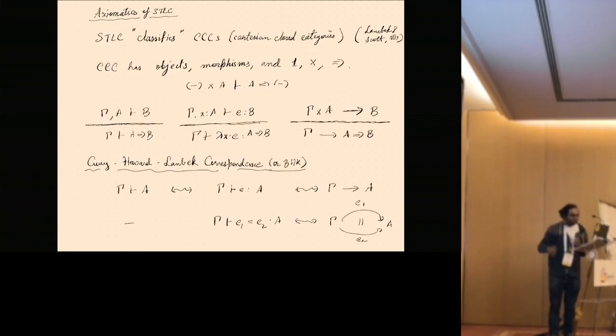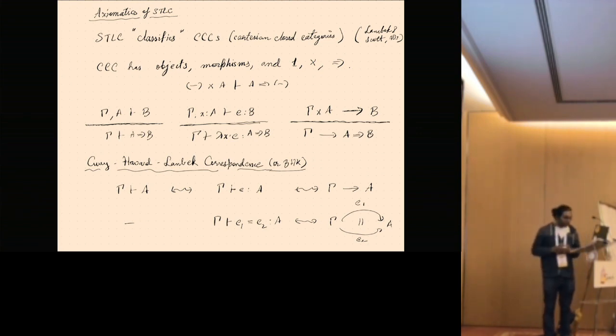But there's a very simple way of saying what the STLC is, and these are facts that have been known since the 70s, like Lambek and Scott's categorical logic book. The theory of lambda calculus classifies the theory of Cartesian closed categories.